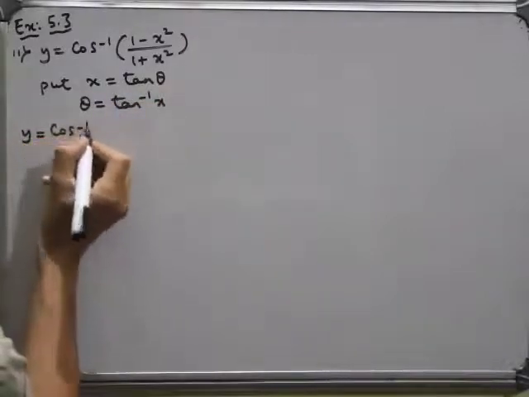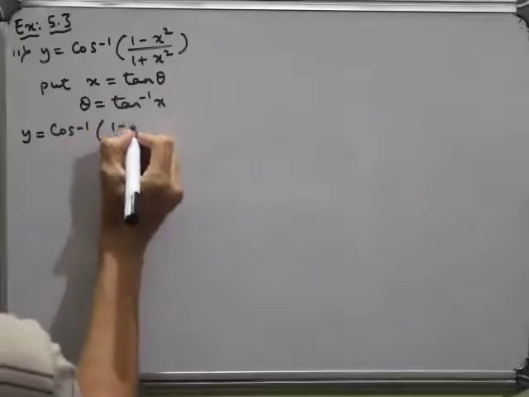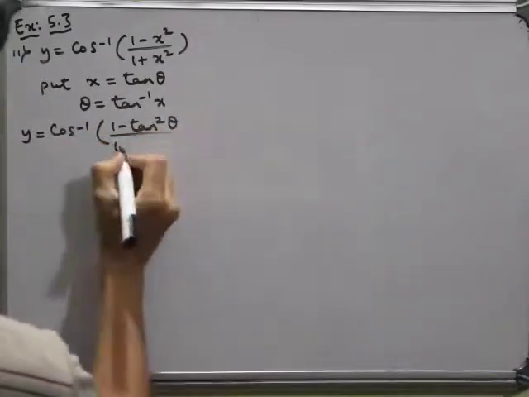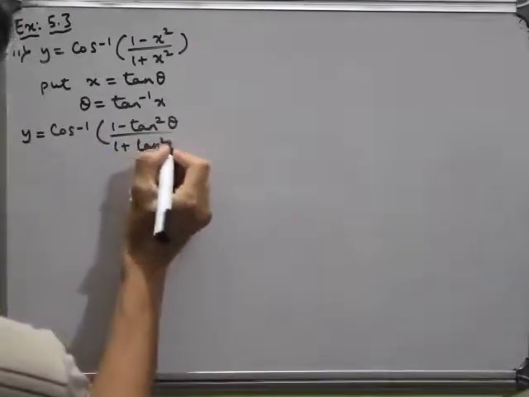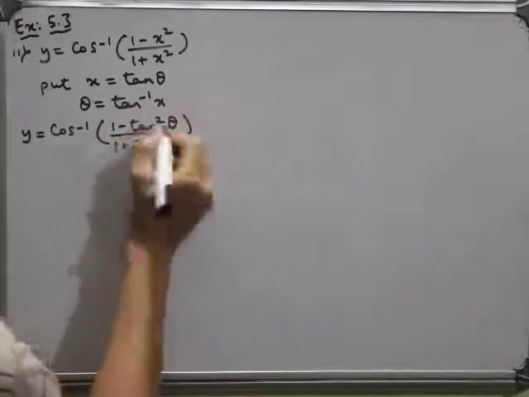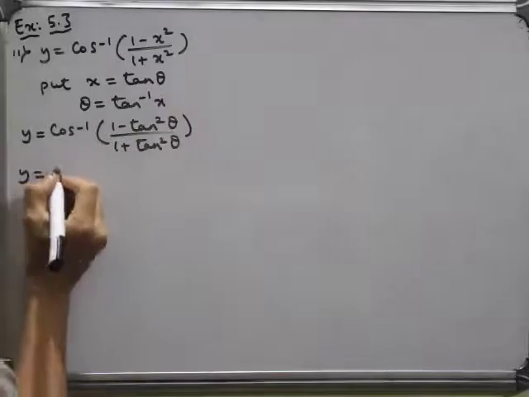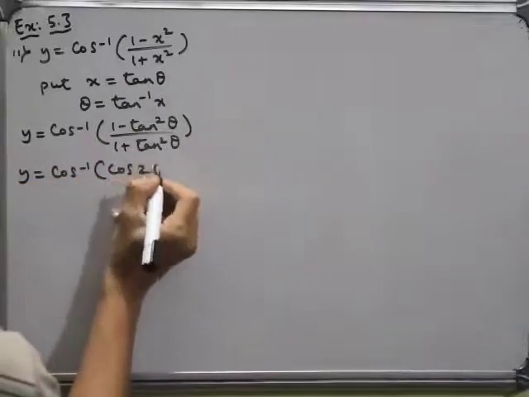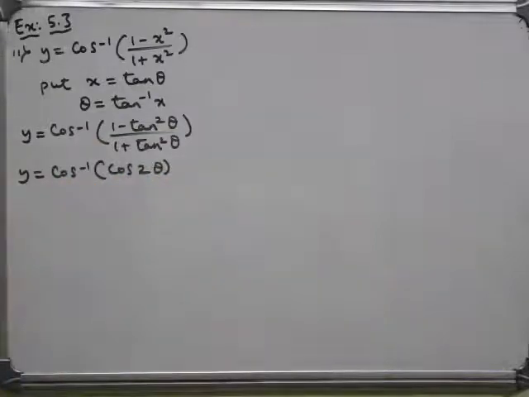Y is equal to cos inverse of 1 minus tan square theta divided by 1 plus tan square theta. So this result will give you cos inverse of cos 2 theta. Okay, I think you can continue from this one.